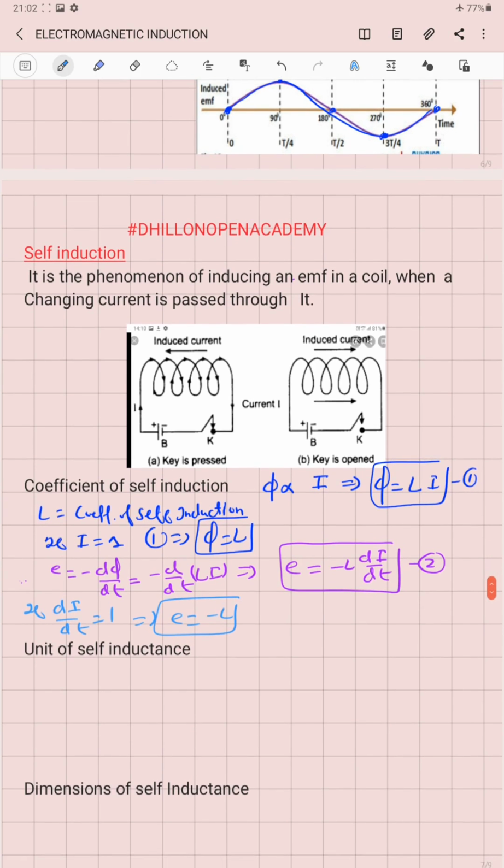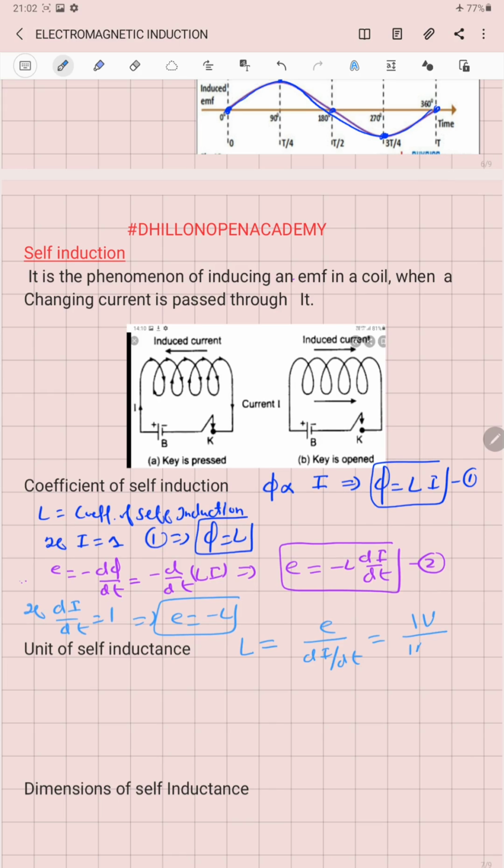For the unit of self-inductance, from the second equation, in scalar form we can write L equal to E divided by di over dt. We are skipping the negative sign because it is showing only direction. E is the induced EMF, unit 1 volt.